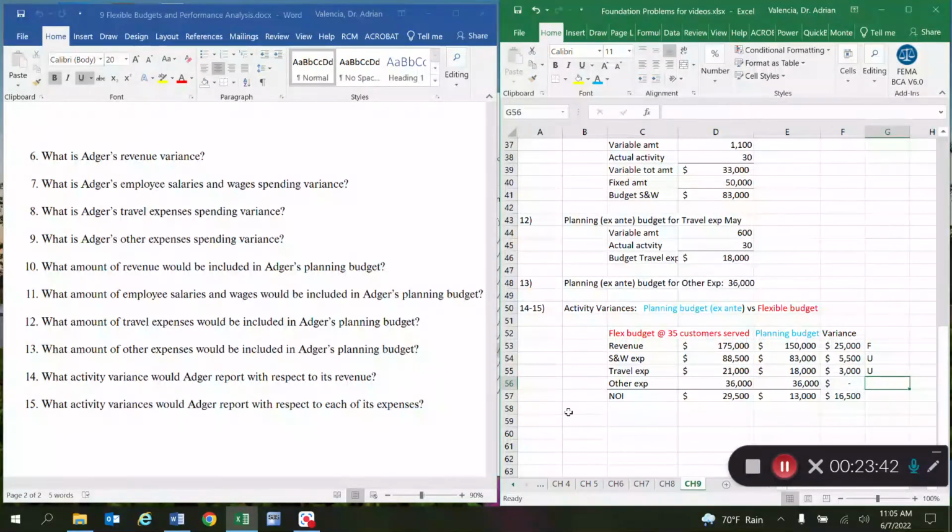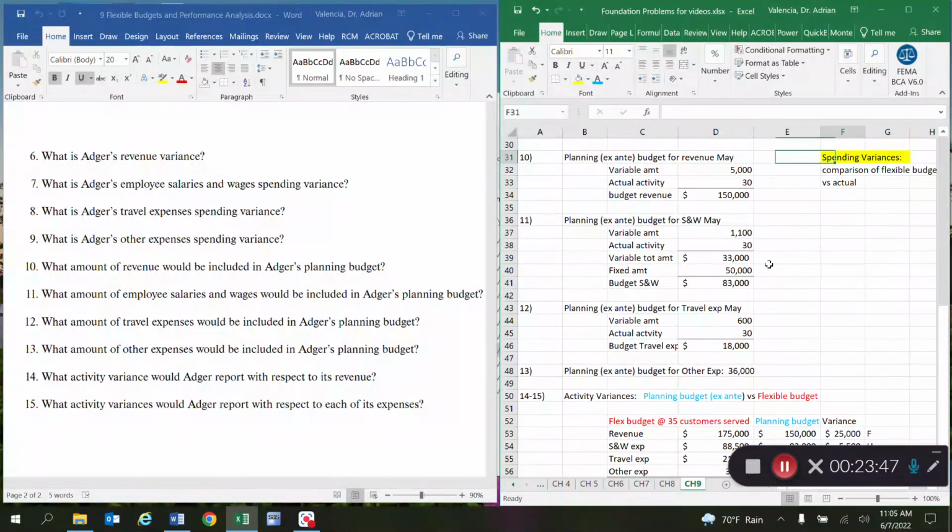Okay, so just to re-emphasize what we have here, the spending variances are a comparison of flexible budget versus actual results.